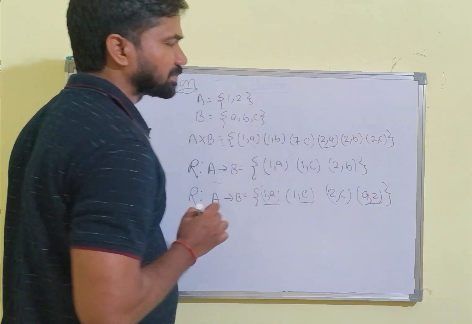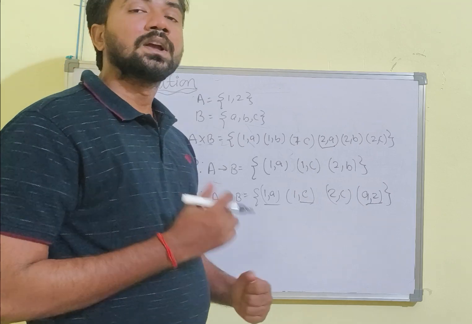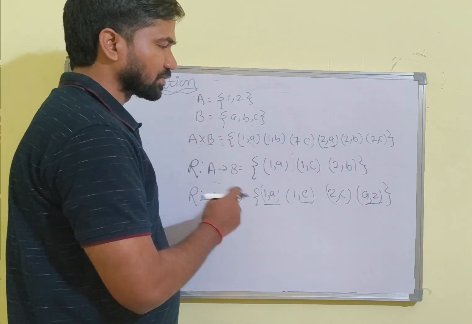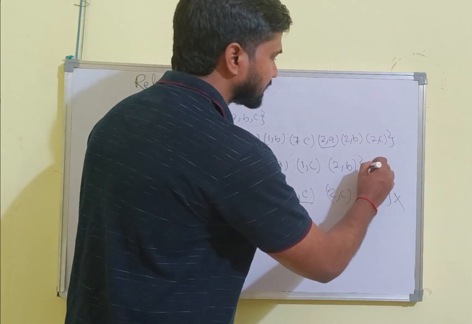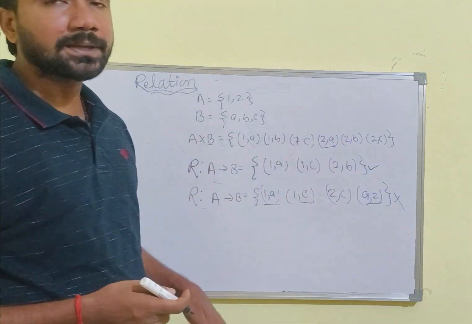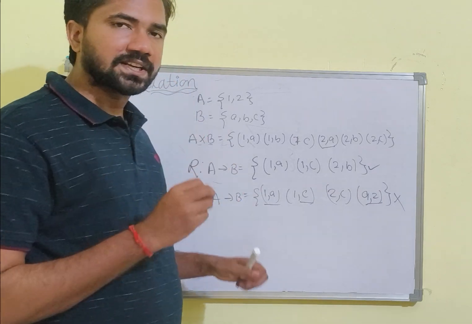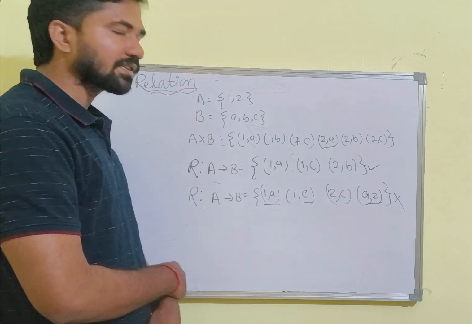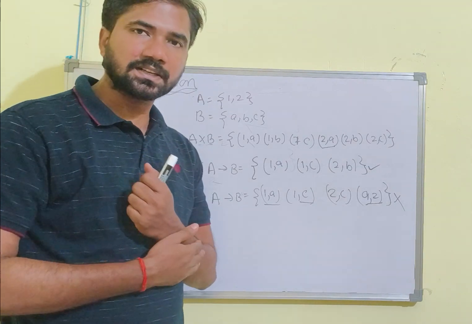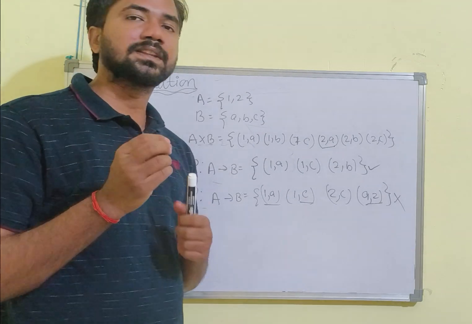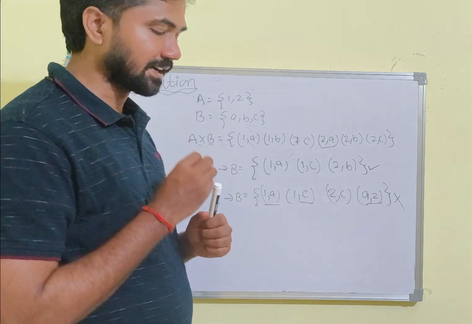Here (2,a) is present in A cross B, but here we have (a,2). So it is not a subset of A cross B. So this is not a relation and the earlier one is a relation. Simply, if they ask whether it is a relation or not, we just have to check whether it is a subset of A cross B or not. If it is a subset, we say it is a relation. If it is not a subset, we say it is not a relation.